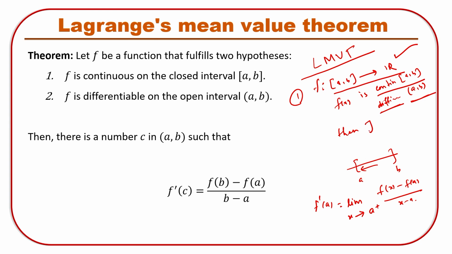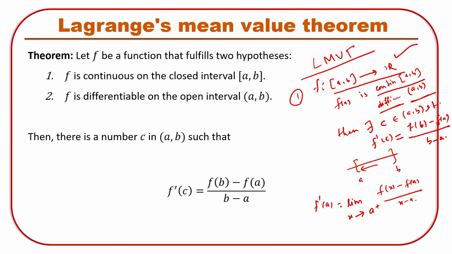Then there exists a number c lying in the open interval (a, b), that is, in the closed interval but not at the endpoints, such that the slope of the tangent line at the point c can be calculated using the difference between the endpoint values of the function divided by the argument difference.